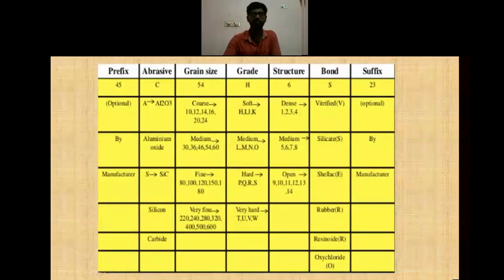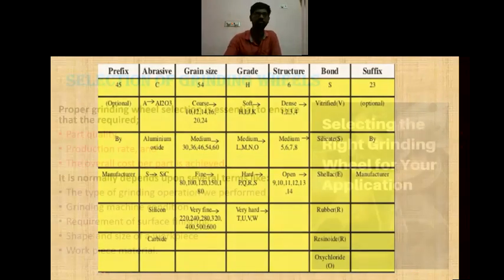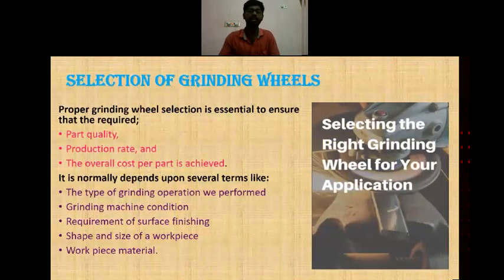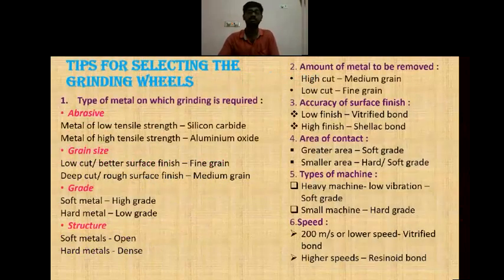And here is another example table for grinding wheel nomenclature. And the selection of grinding wheels normally depends upon terms like the shape and size of your workpiece, the workpiece material, and the type of grinding operation we require. And this slide gives some tips for selecting grinding wheels.